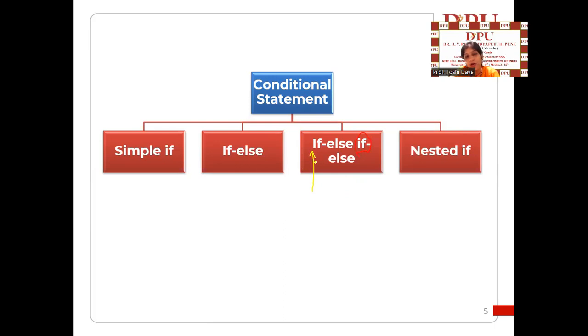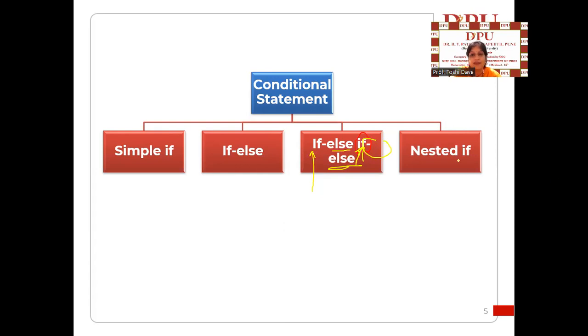Now, what about the false part of this condition one? That false part will be written along with the else part. Now, rather than having the exact false part, I have another condition to check. So with else, you have to write if again, and this else part will be for this if condition. Clear? So this is how ladder if else works.